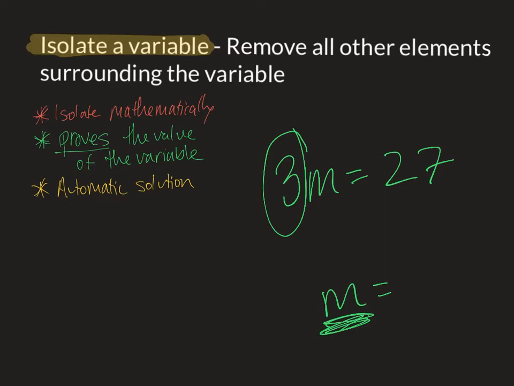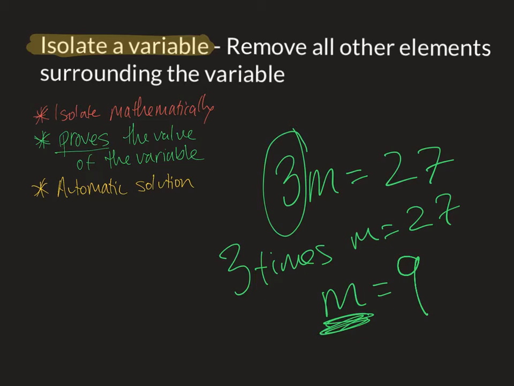And we saw from our proofs yesterday, we're looking for 3 times the number m is equal to 27. Therefore, 27 is 3 times larger than m. M must equal 9 because 9 taken 3 times is 27.